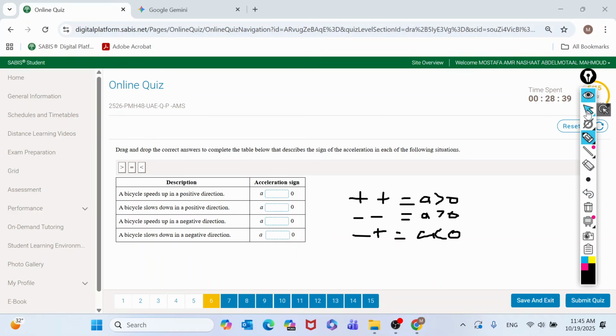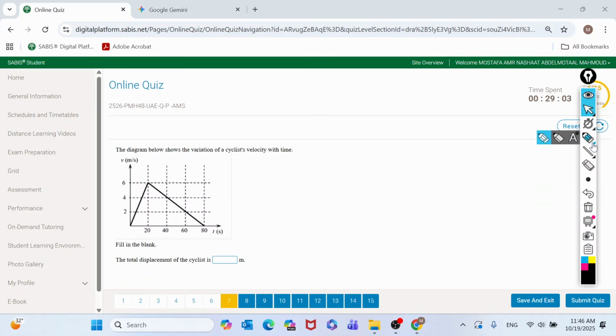So speeds up in the positive direction, A is greater than 0. Slows down in the positive direction, no. Speeds up in the negative direction, also no. Slows down in the negative direction, so yeah, positive.